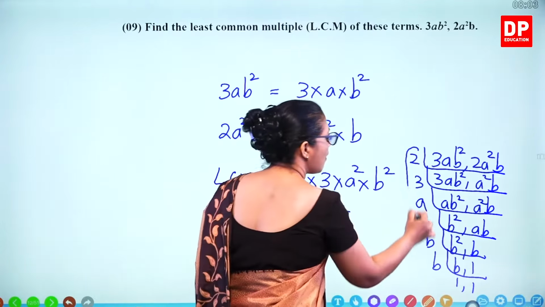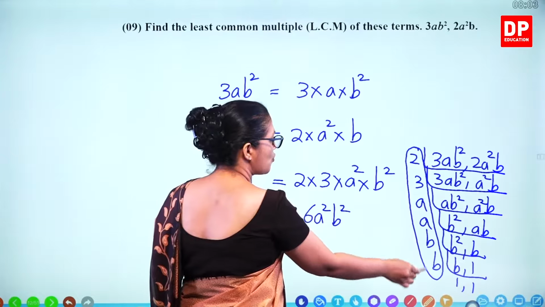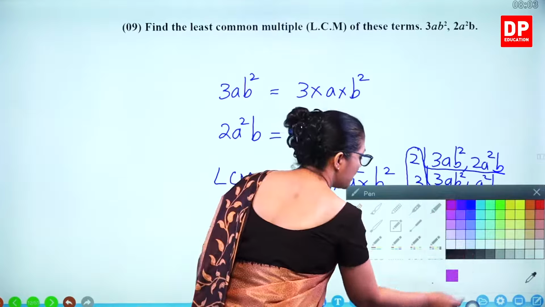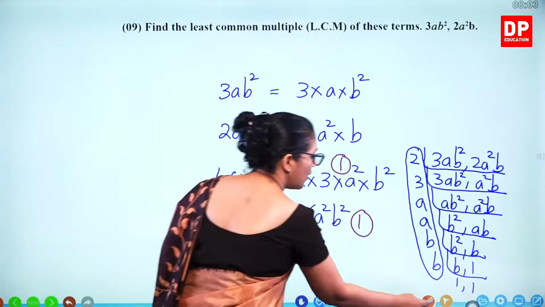So multiply all these, and you get the lowest common multiple, 6a squared b squared. So that's the final answer. So 2 marks for that.